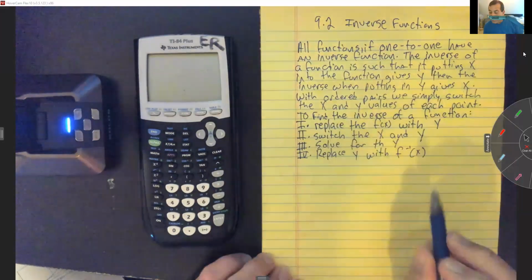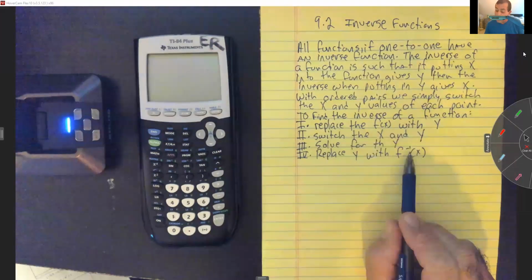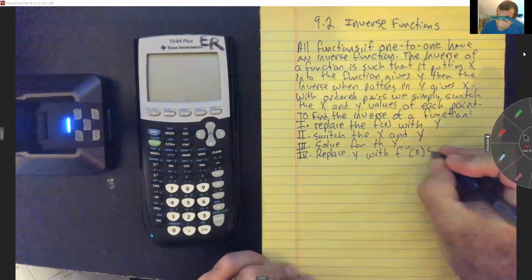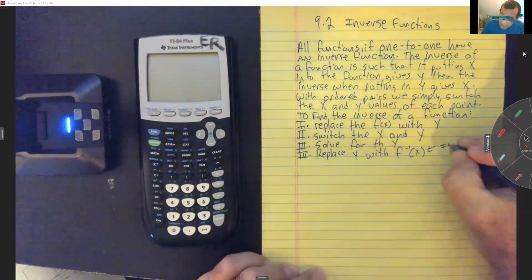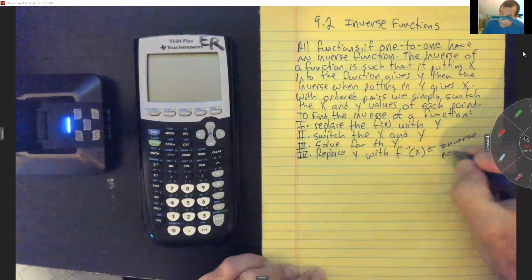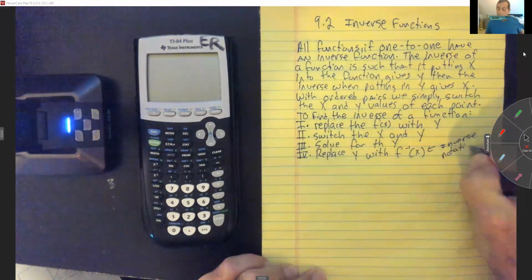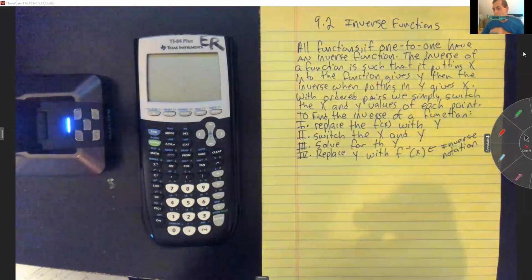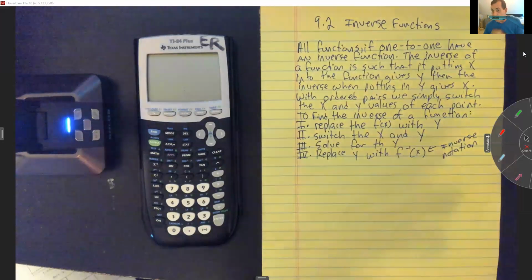So that little -1 that looks like an exponent is just symbolism, and that represents the inverse. So this would be inverse notation. So that when we're done, we'll have f -1 of x equals whatever that inverse equation is, okay?